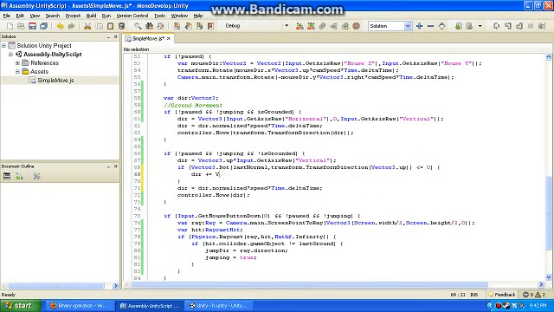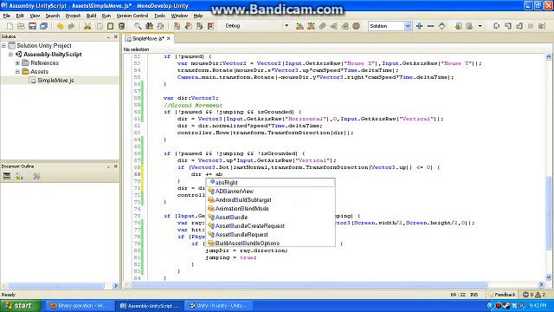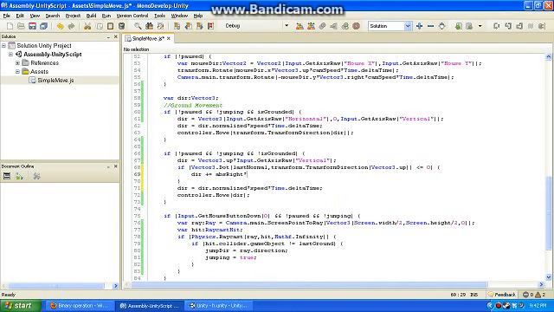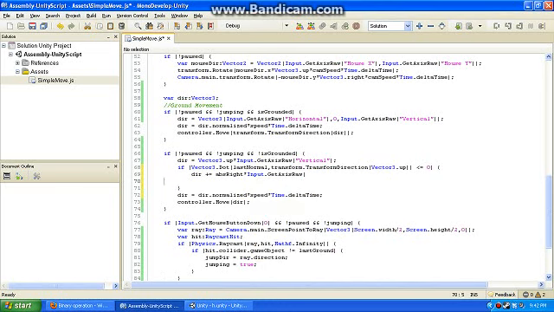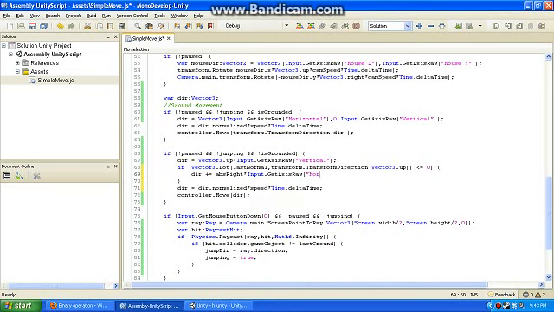It's just abs right times input dot get axis raw horizontal.